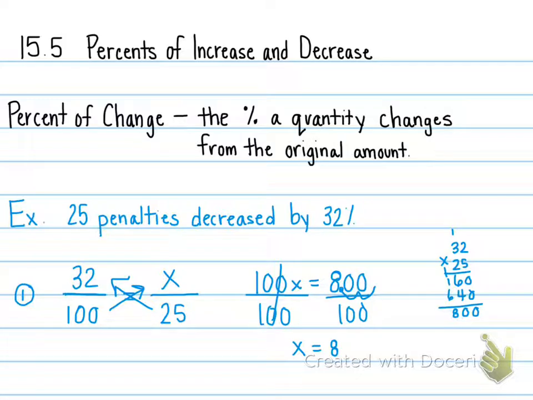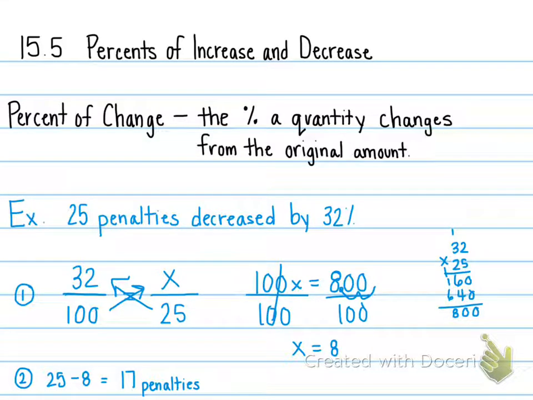Now what I have to do, in my second step, is take those 25 penalties and decrease them by the 8. 25 minus 8 is 17. And now I know that my answer is 17. So if I have 25 penalties, I decrease the amount by 32%, I have 17 penalties. So you have that second step that you have to worry about.